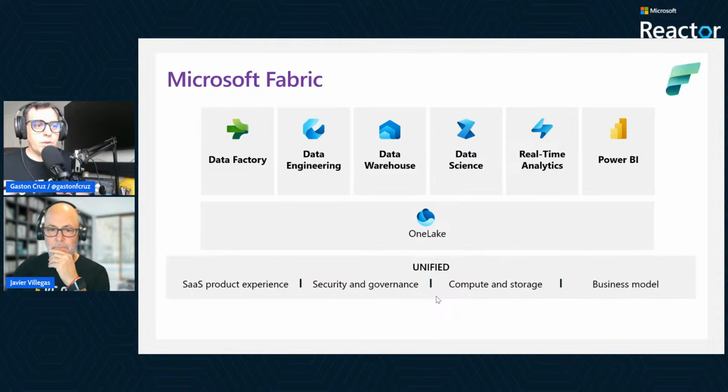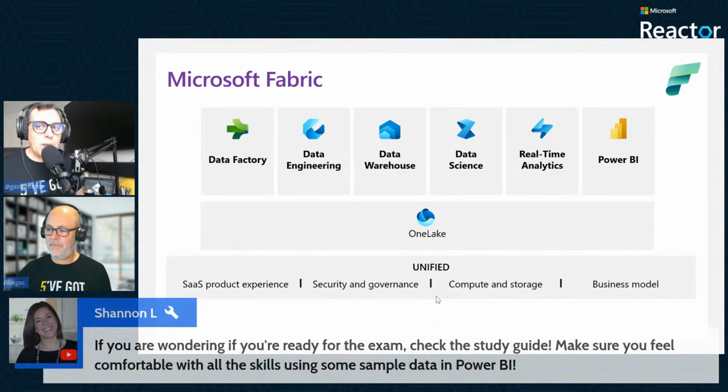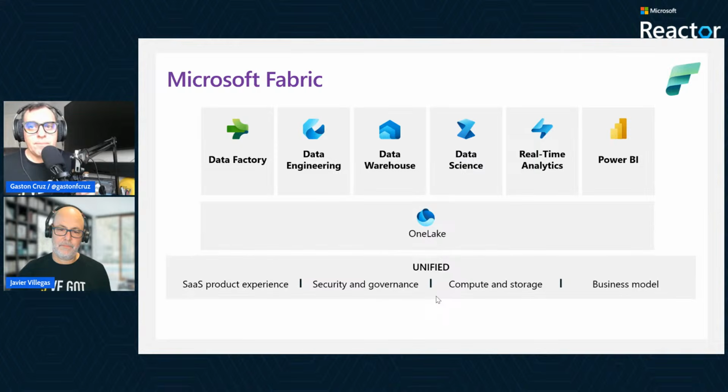Data Factory for the ingestion pattern, Data Engineering that is all around notebooks and lakehouses, Data Warehouse for the structured data, Data Science for all about AutoML and machine learning models, Real-Time Intelligence, and then in the backend you have OneLake as a single framework where you land the data. So that is about setting up the context that Power BI is not isolated from Fabric. Power BI is a big member of the Fabric unified solution here.